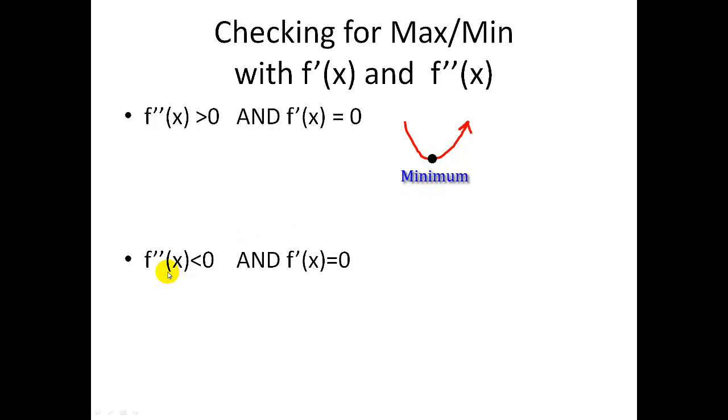Conversely, if the second derivative is less than 0, concave down, and the first derivative is equal to 0, in other words, the slope of the function is 0 and it's concave down, if those two things are happening at the same time, we have a local maximum. And minimums and maximums are crucial ideas because they're where something that we're measuring has reached, at least for the time being, a minimum or a maximum value.